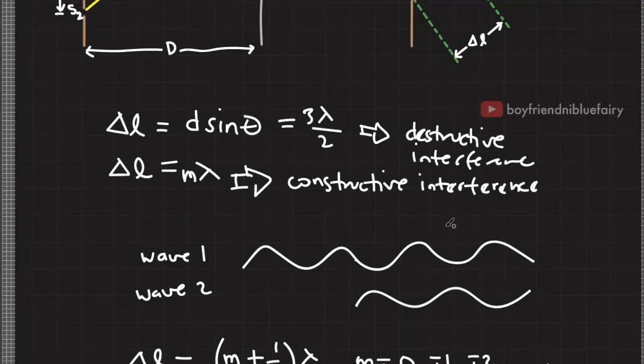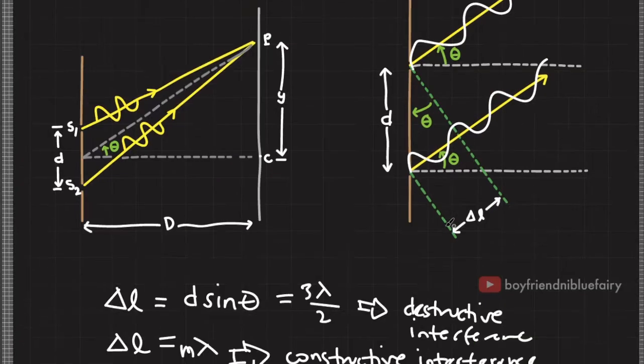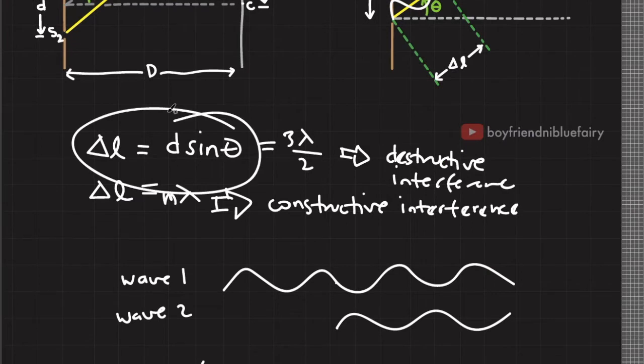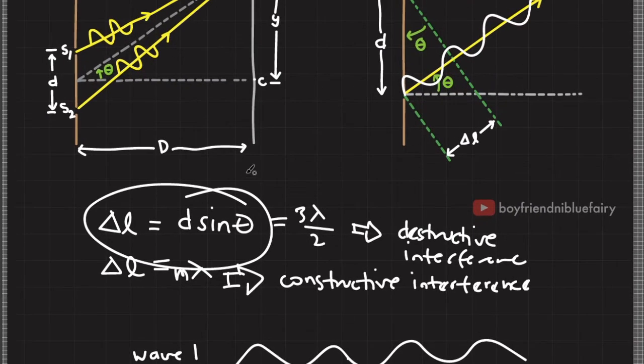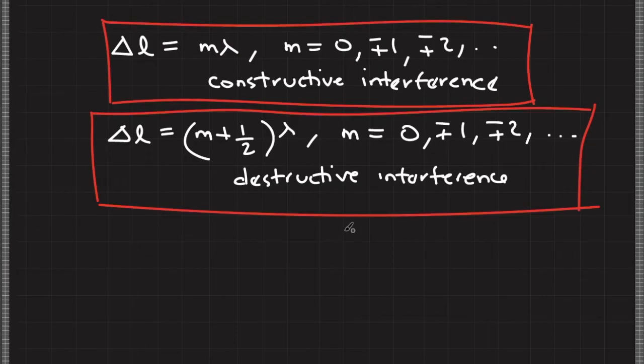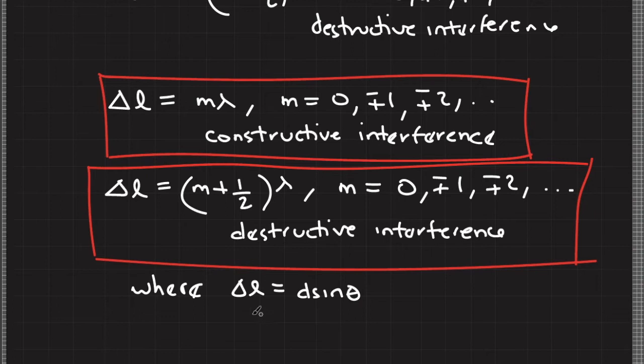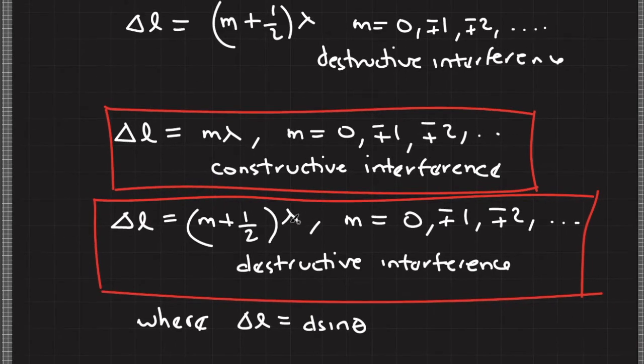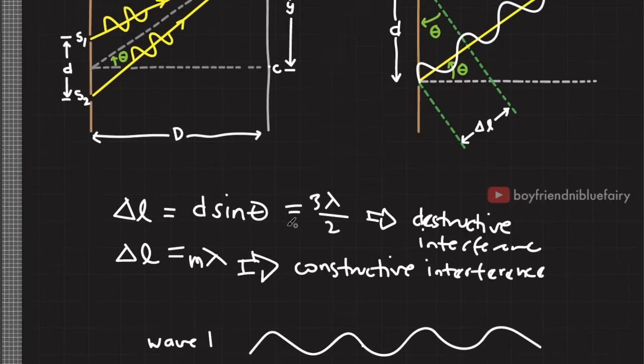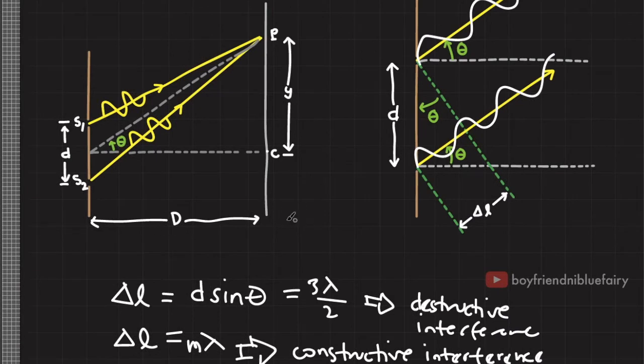Now, when we have a double-slit interference, this path difference is equal to d sine theta, where d is the distance between the two slits. Again, we derive this expression by assuming that the distance between the two slits is smaller than the distance of the slits to the screen. Going back to this figure, we could also equate delta L. So I'll put a box on this one.